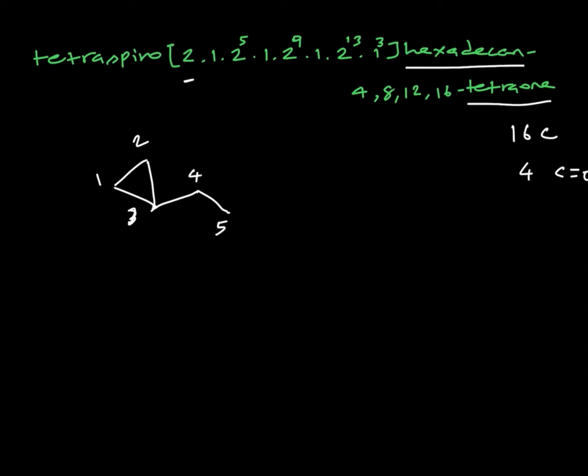And then at 5 position we have another 3-membered ring. So let's draw a 3-membered ring again, number it 6 and 7, and then again 1. So 1 carbon, this is 8.